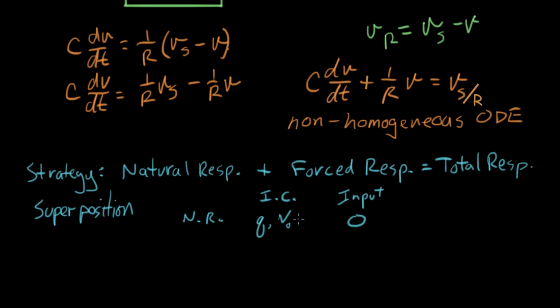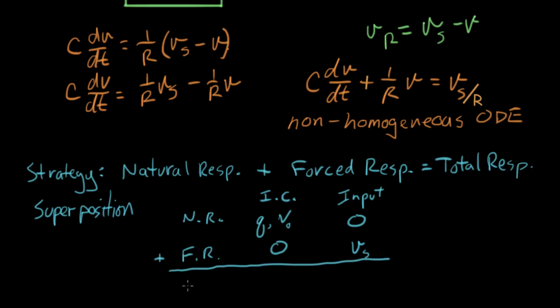So those are the conditions for the natural response. And when we take the forced response, we do the opposite. We set the initial conditions to 0, simplify the circuit down, and we use the inputs that are actually applied. In this case, it was V of S. And then to get the total response, we add those together with a plus sign.